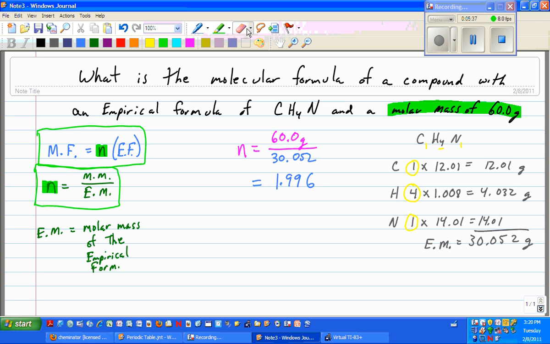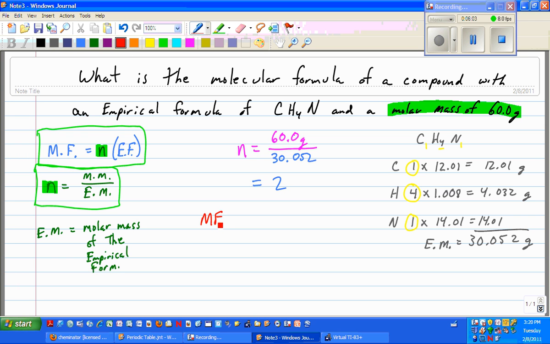That 6 is going to cause the 9 to round up to a 0, and that's going to round up to a 0. So really, I've got about 2. So n is equal to 2. That should always come out to be a nice sharp number, no decimals, very close, 1.99, 2.01, something that will round nicely. So now we're ready to calculate our molecular formula.